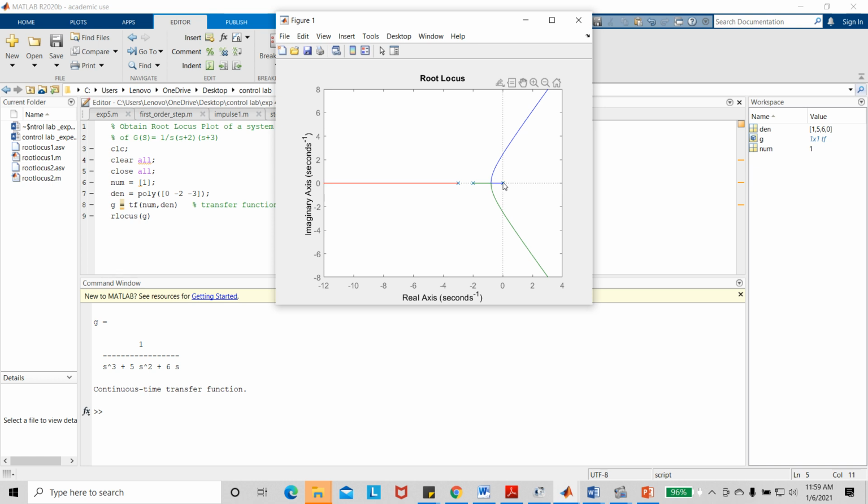So the root locus plot is used to find the required value of gain for a stable system.